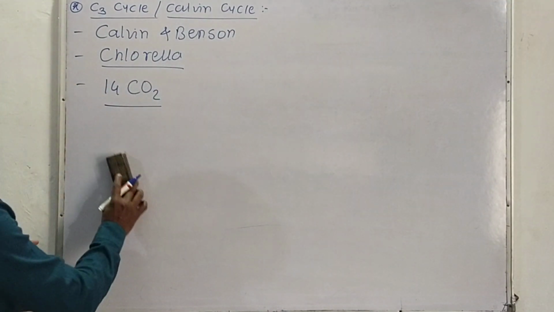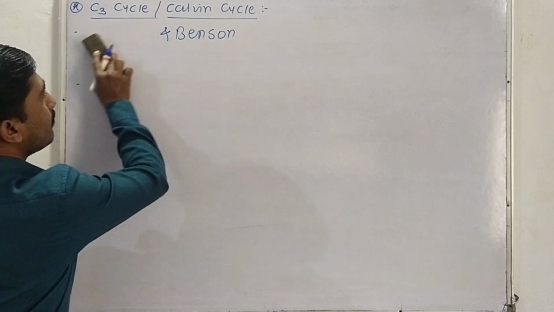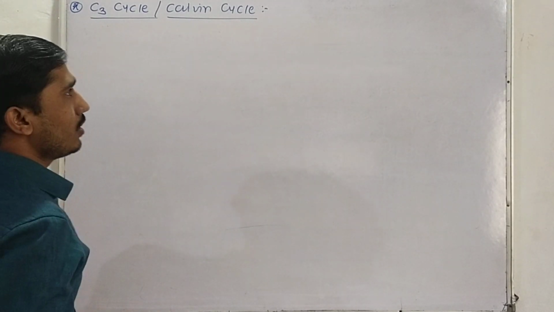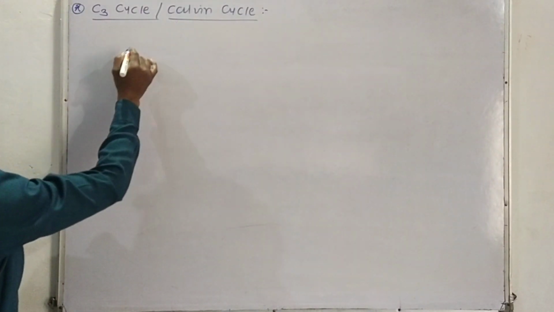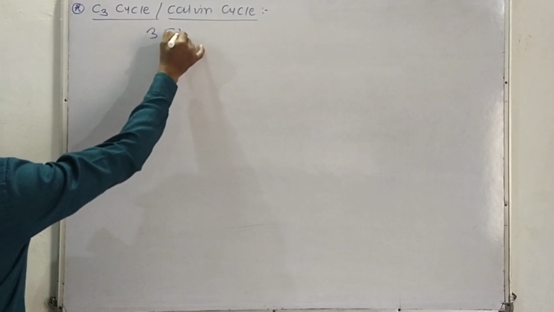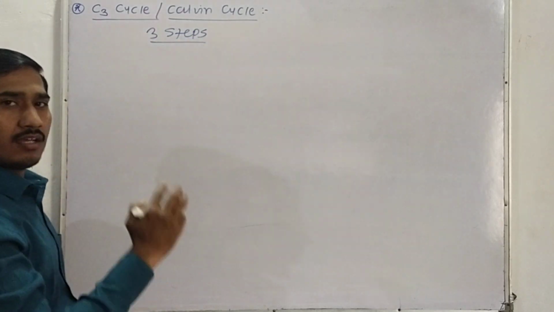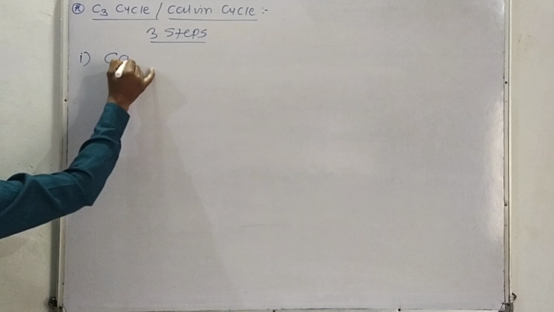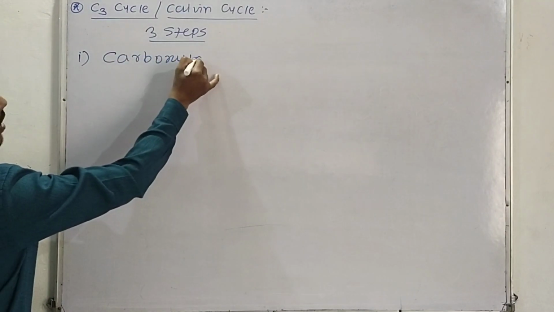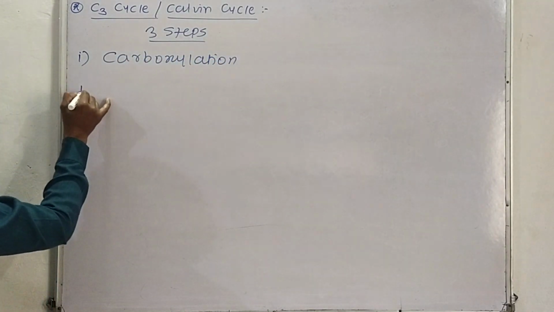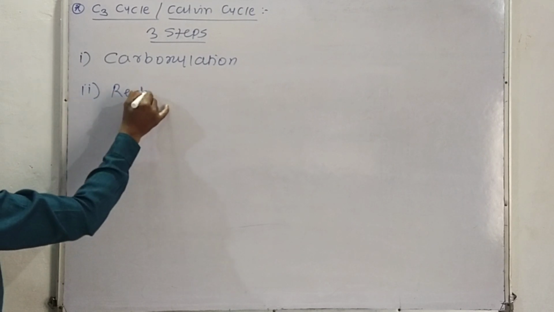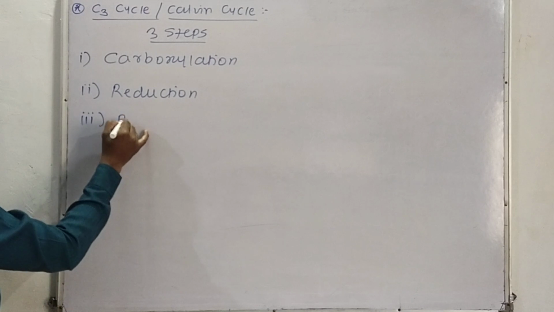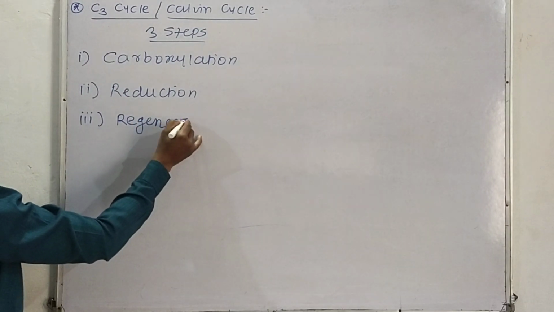So let's see how these plants are preparing their food material by using the C3 pathway. Basically this C3 cycle or Calvin cycle is completed in 3 steps. Out of these, the first step is carboxylation. The second step is reduction, and the third step is regeneration and synthesis.